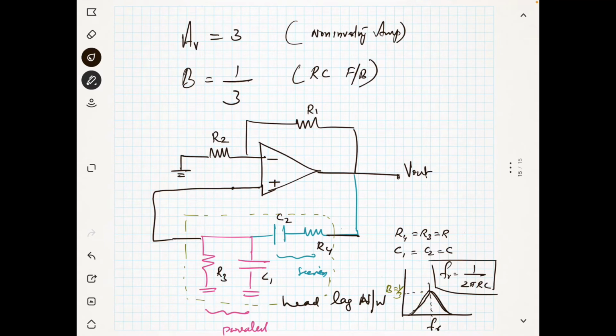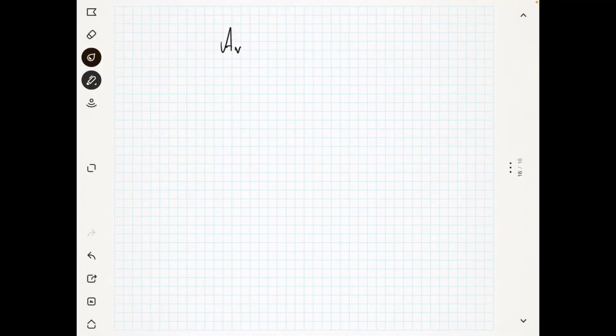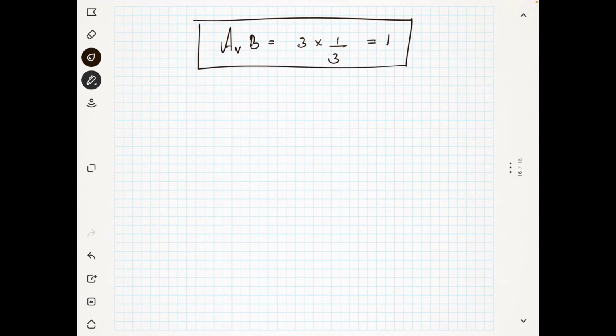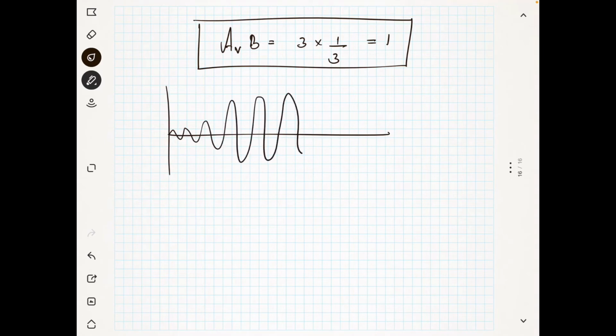When you switch on the circuit, you see here that the total gain is AV into B, because AV is equal to 3 and the attenuation is equal to 1 by 3, so that it is equal to 1. But I told you that for the initial startup we actually need something like this. At startup, AV into B should be greater than 1, and here AV into B is equal to 1.